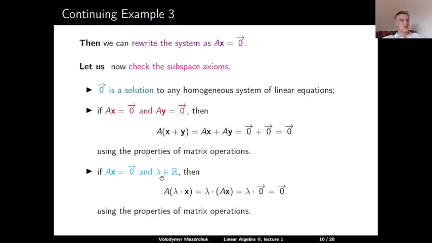So this means that if you have a solution to our system and you multiply it with any scalar lambda, you will again get a solution to our system. And again, here we use properties of matrix operations. So we have checked all three axioms. This proves that the set of all solutions to a homogeneous system of linear equations is a subspace in the corresponding R to the power k, where k is the number of the indeterminates.